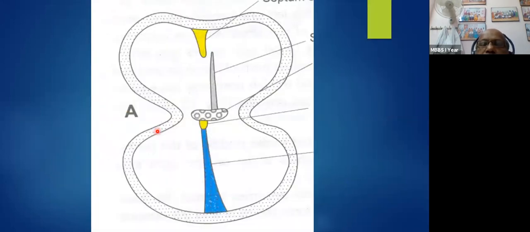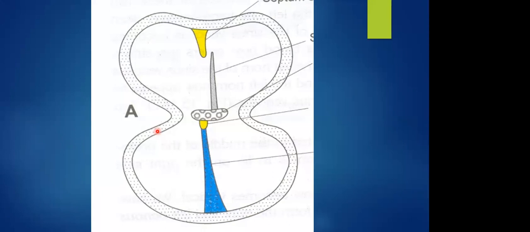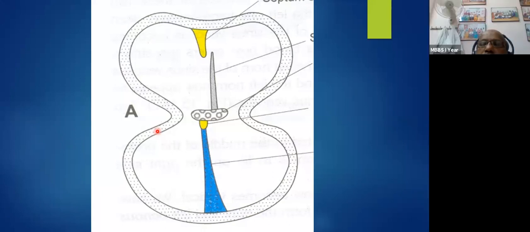Now this point is important. Students, right atrium you studied. Anything you studied as torus aorticus in the right atrium? No, sir. So torus means any elevation.